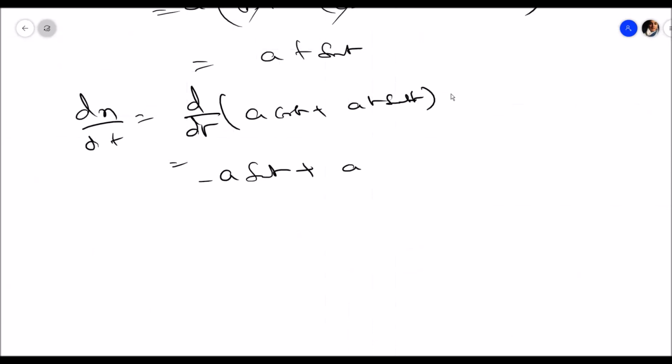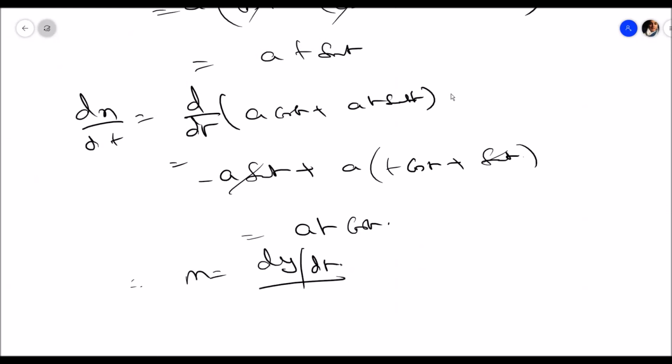The derivative of t sin t is again done by the UV rule. So t cos t plus sin t into 1. So a sin t and a sin t will get cancelled and you're left with a t cos t. Therefore, the slope is dy by dt by dx by dt, which is nothing but a t sin t by a t cos t, which is of course equal to tan t.